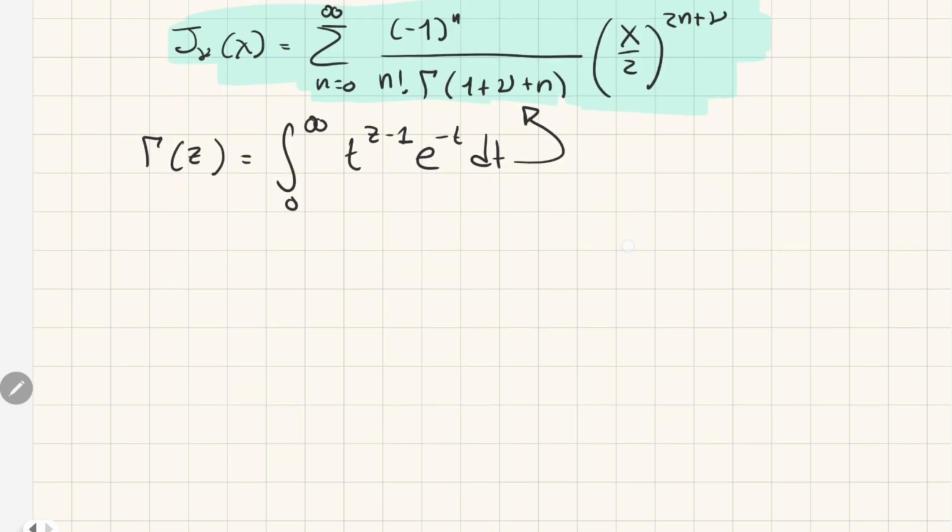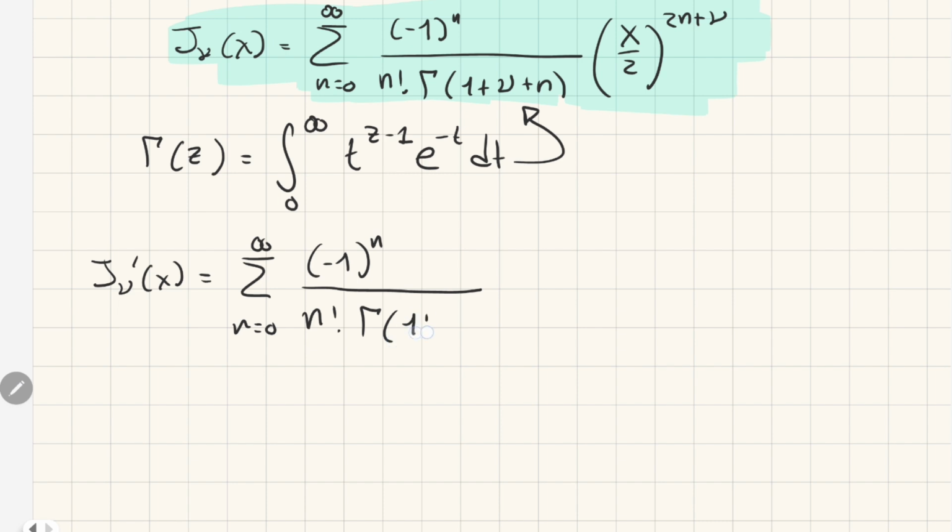Okay, so we are going to start by taking the derivative with respect to x of this Bessel function, right? So we are going to get J sub nu prime of x. This is going to be the sum from n equals 0 to infinity of (minus 1) to the n divided by n factorial gamma of 1 plus nu plus n.